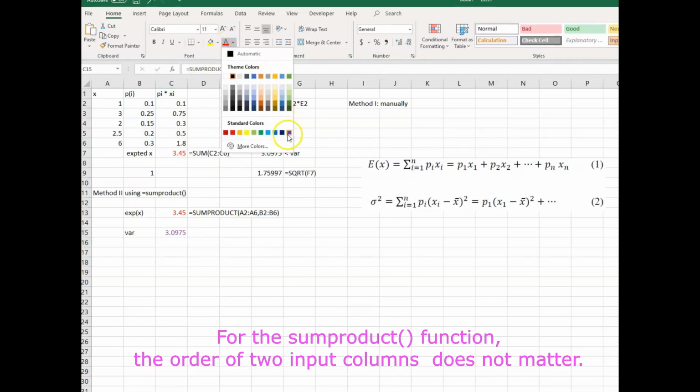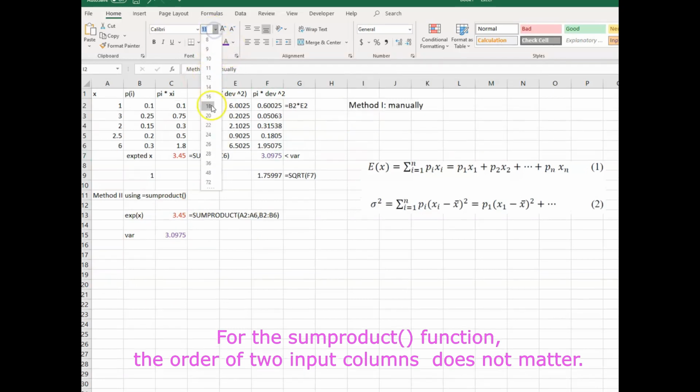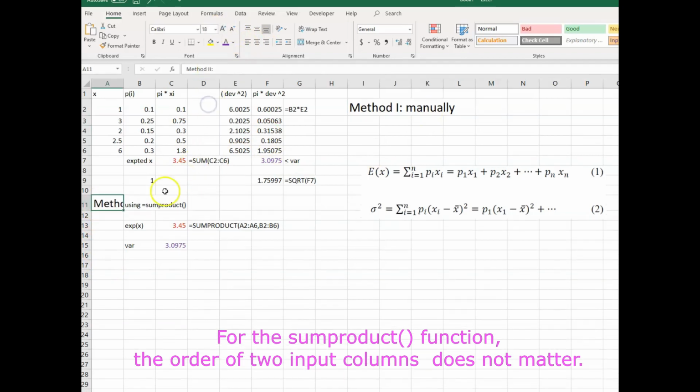I'll make it purple. So this is what I call method 1, we manually calculate, and this is method 2, where we applied the Excel SUMPRODUCT function.